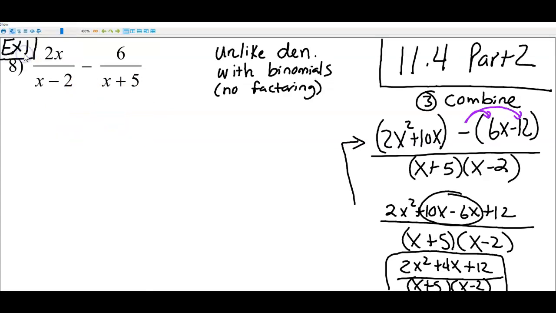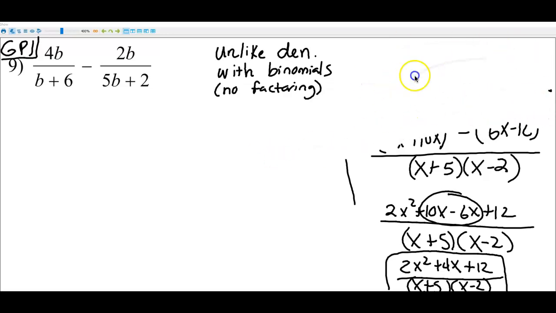All right, let's do another one here, but we'll do it together. Let's go ahead and write down example. We'll call this guided practice 1. Same type of problem, though.